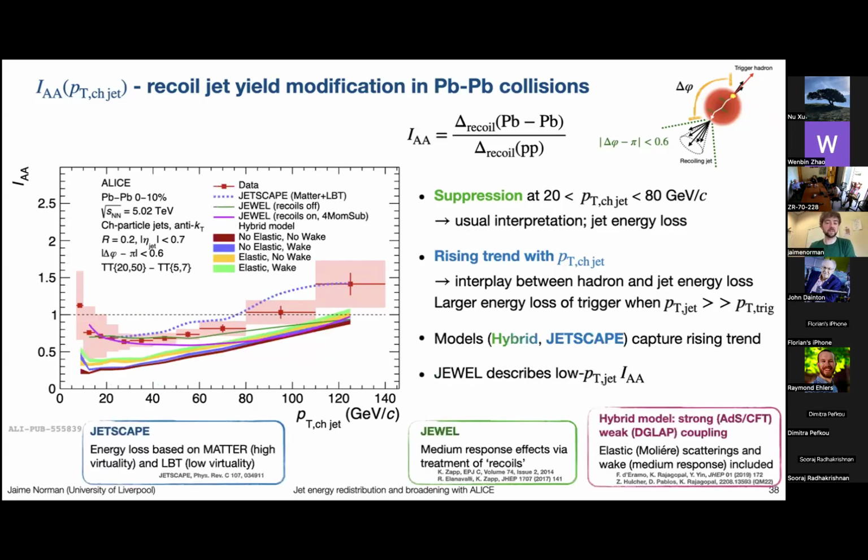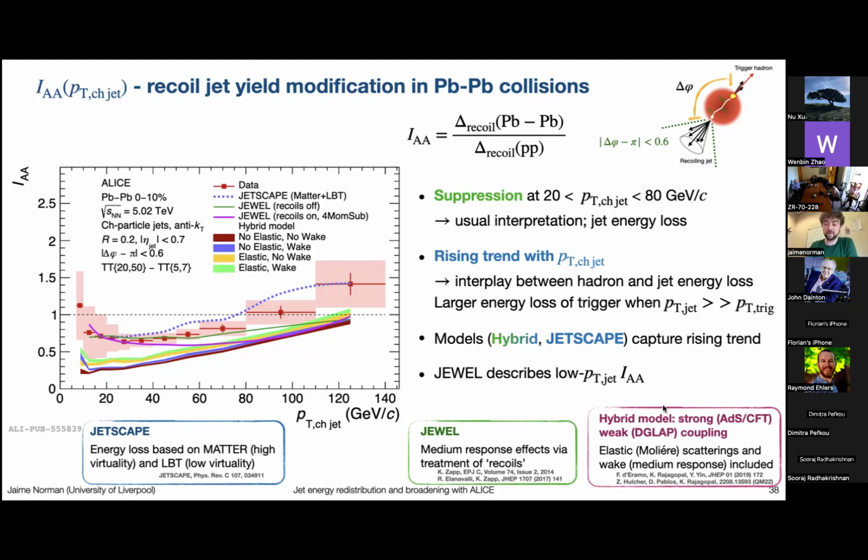We can also look to models, and here I show comparisons with Jetscape, which includes energy loss based on different models for high virtuality and low virtuality jet-medium interactions. Comparisons to Joule, where the medium response effects are modeled via the treatment of recoils and can be switched on or off.